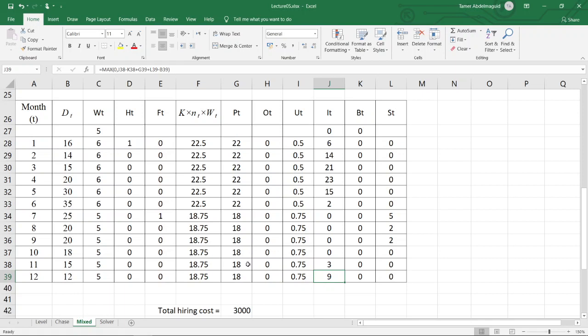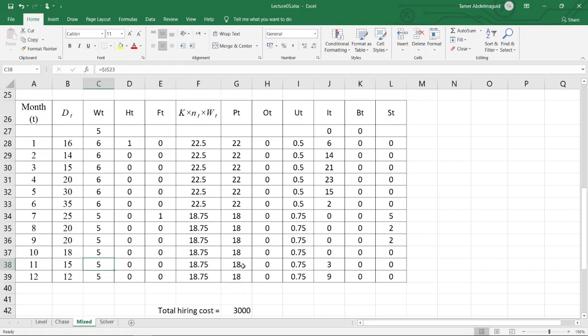Of course, you can make changes to this solution. You might think, I don't need to keep inventory. If I wish not to keep any inventory at the end of the planning horizon by having a zero value here, then I can reduce my production in the last 2 months, or at least in the last month, instead of producing 18 units, I might produce only 9 units. You might have some alternative solutions based on the mixed strategy. For instance, you can reduce the number of workers again in the last 2 periods, because we really have excess inventory.